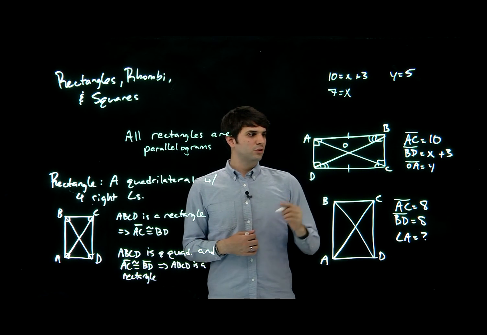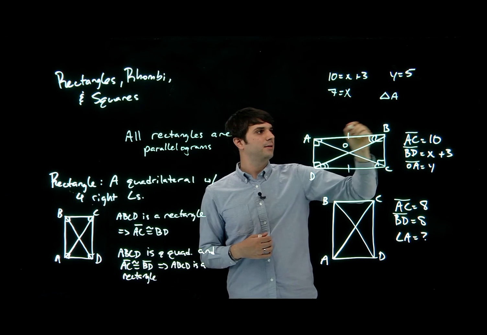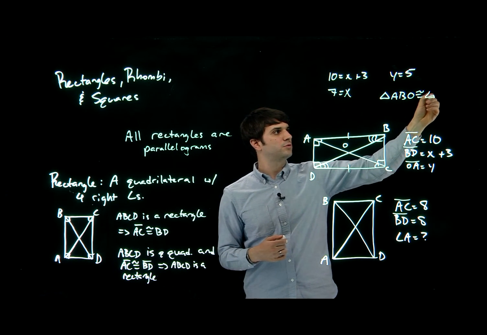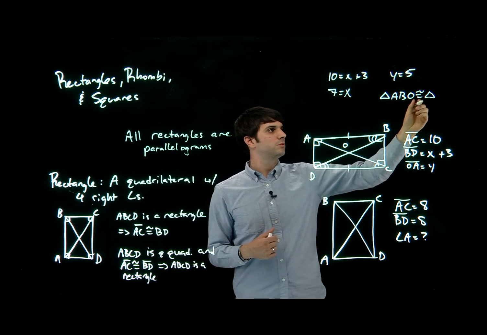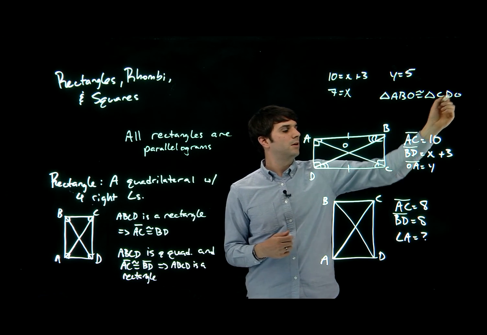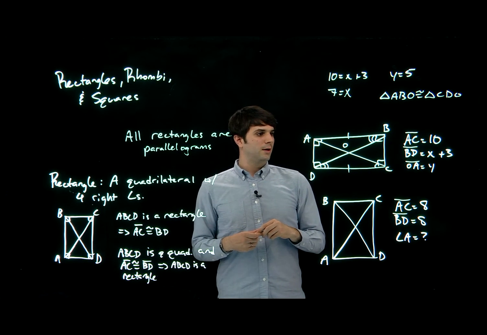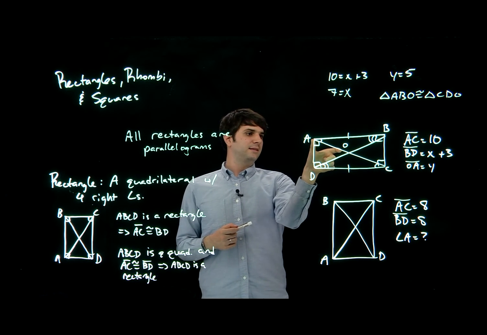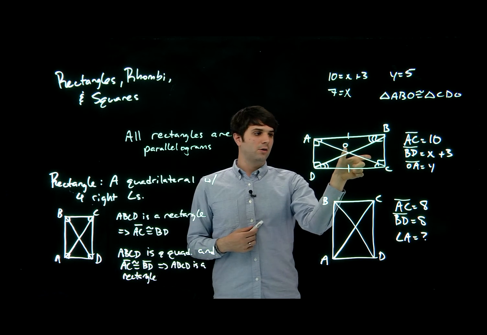triangle ABO is congruent to triangle CDO. If those are congruent, then AO and OC are congruent.